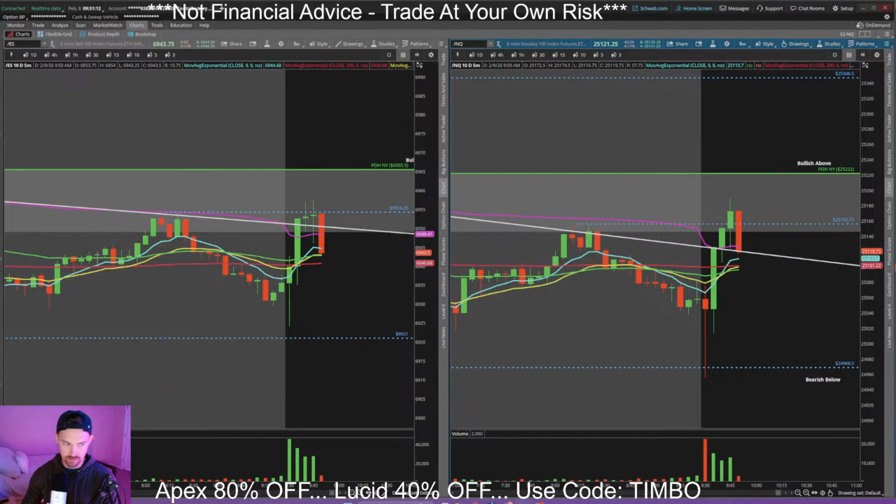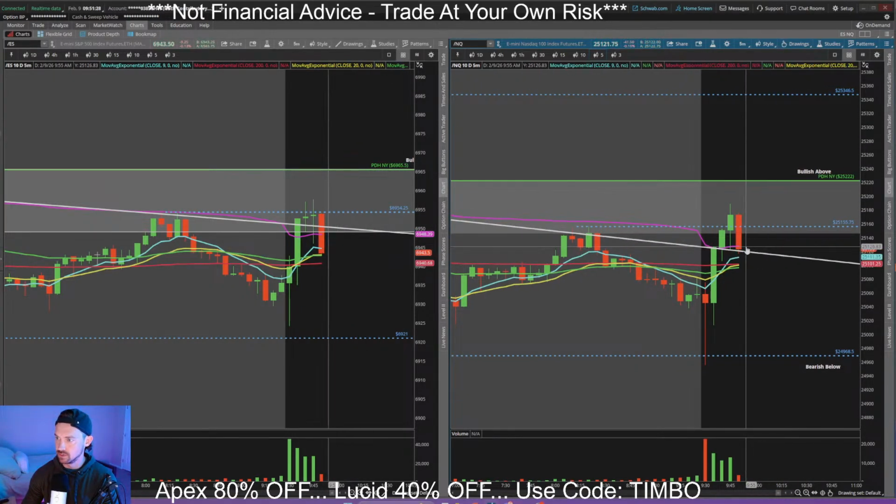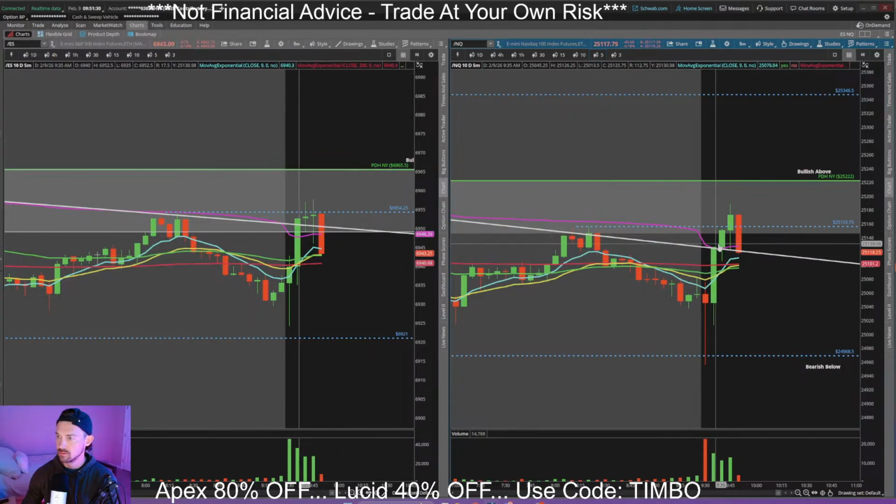Yeah, I wanted to see it go right over that level, so just wasn't ready yet. I had to pull back here, so we'll see how we hold up here at the EMAs on the pullback. Back down near the VWAP as well on NQ.